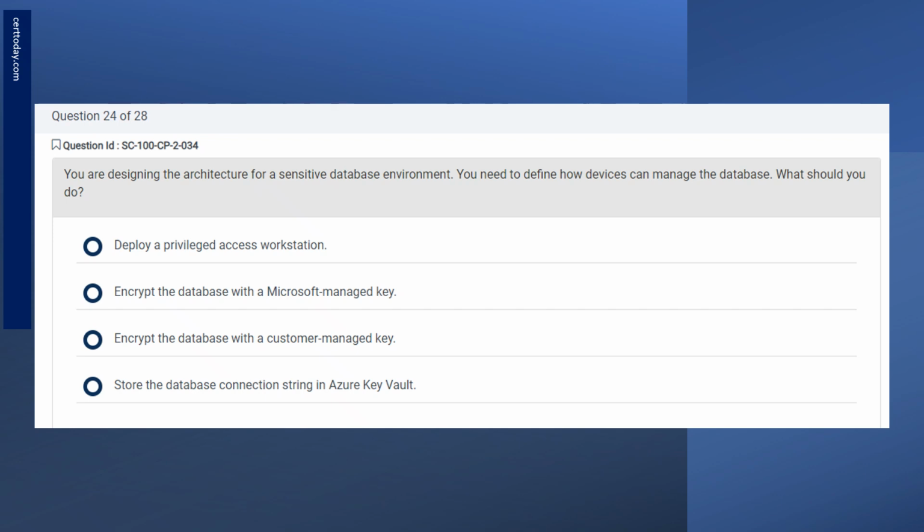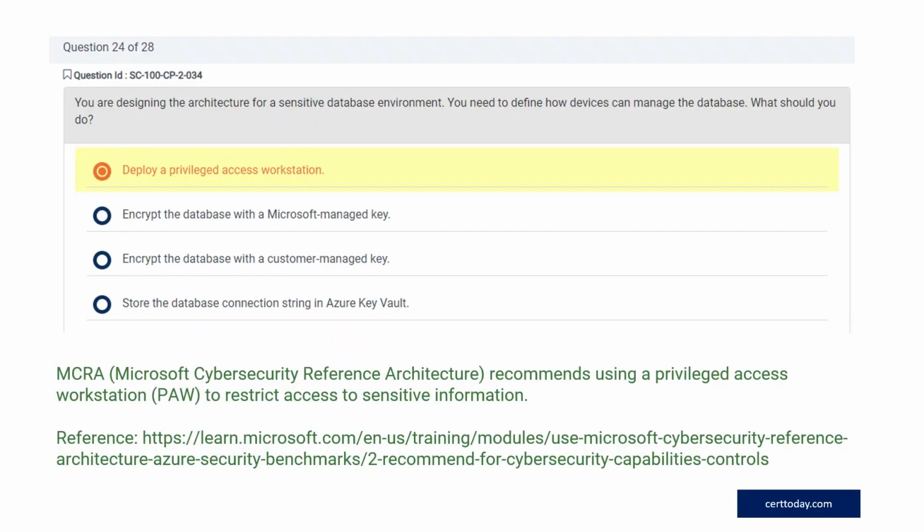Or D. Store the database connection string in Azure Key Vault. The correct answer is A. Deploy a privileged access workstation. MCRA, or the Microsoft Cybersecurity Reference Architecture, recommends using a privileged access workstation, or PAW, to restrict access to sensitive information.